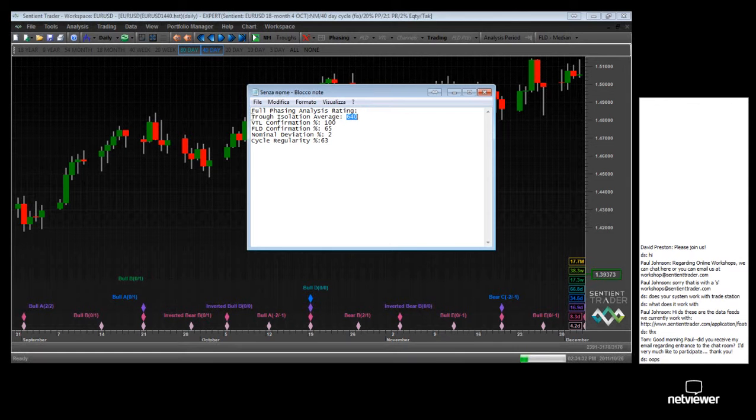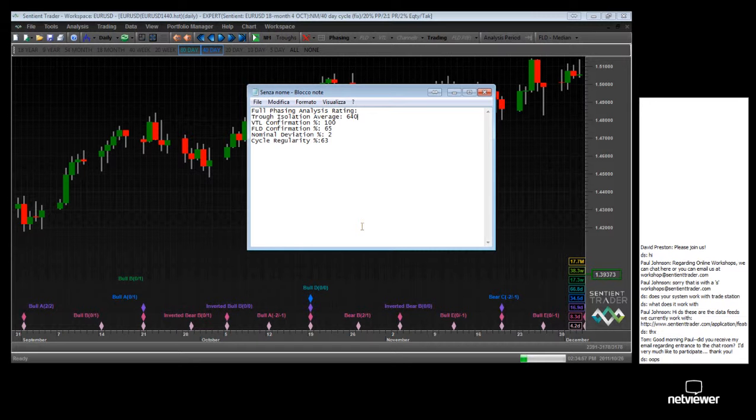The trough isolation average basically gives you an indication of how isolated each of these troughs is, which is exactly what I've been trying to show you visually. I've been asking how prominent are the price troughs compared to the troughs in the analysis, and that figure is a rating which gives you that number.